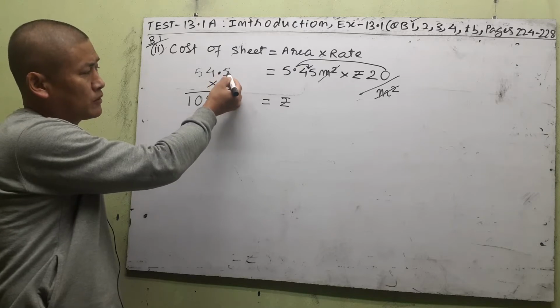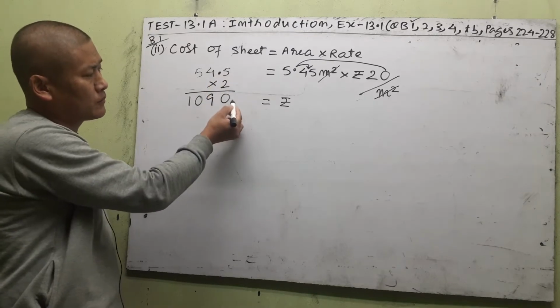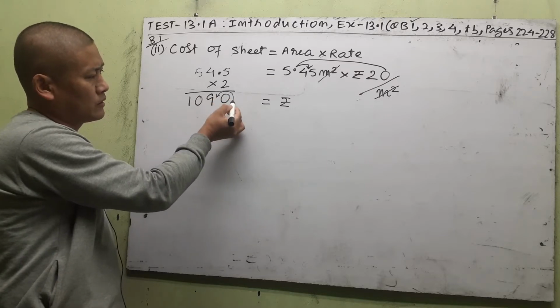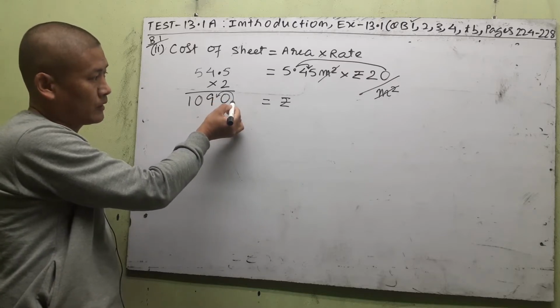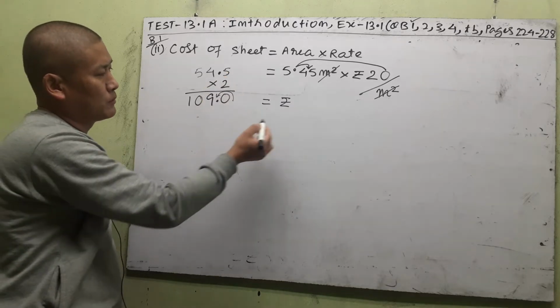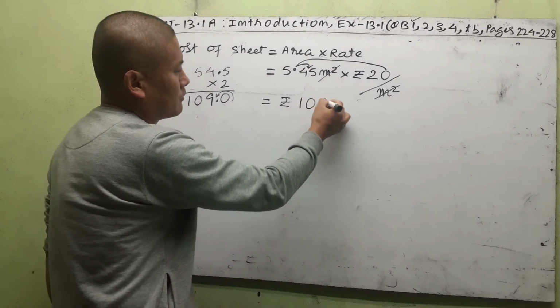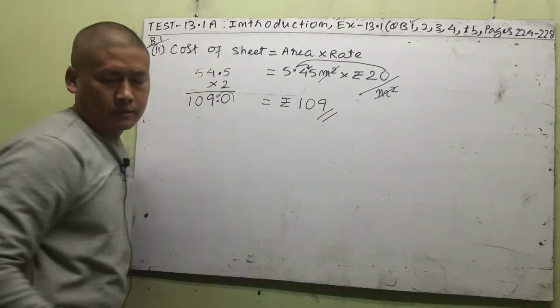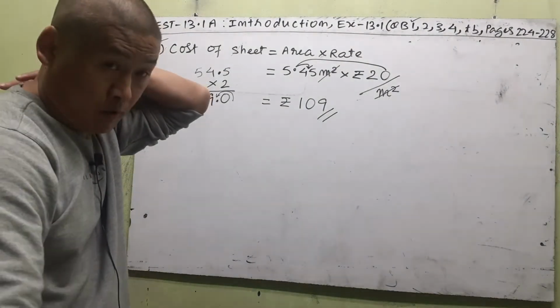Only one place is there. So from the extreme right you go one place to the left because of the one decimal place. So the answer is rupees 109.0, which we need not write. So that's the second answer, B1.